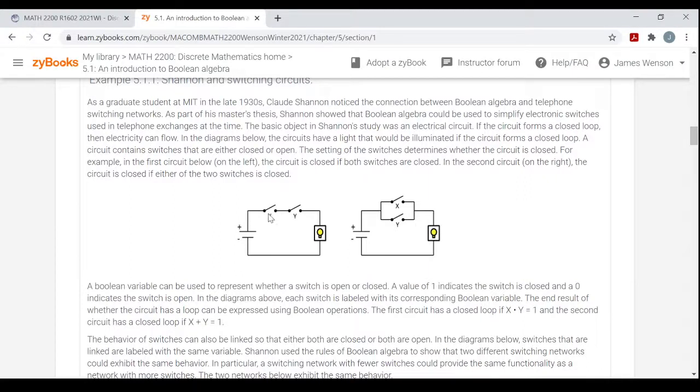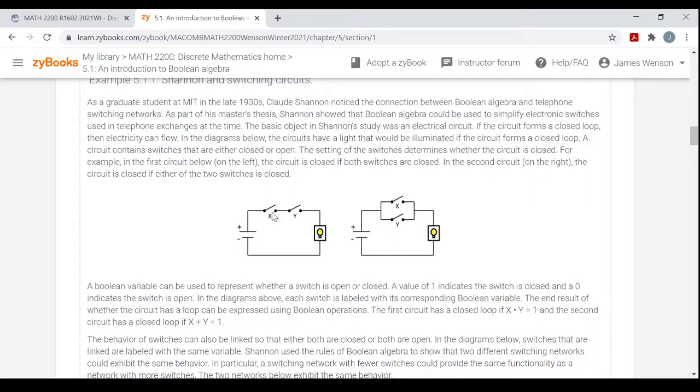And Shannon considered closed to be 1 and open to be 0. I'm sorry, it was Claude. I said Shannon, that's why I said her. It's Claude Shannon. Right? So 0 times 0 would be equal to 0, and the light bulb being on is 1, and the light bulb being off is a 0.